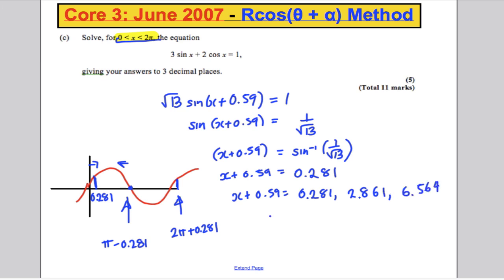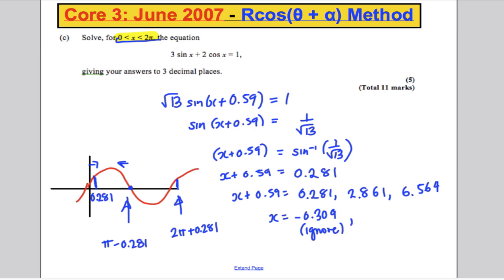6.564, and then x therefore is when you subtract 0.59 from each of these. So the first one you get yourself negative 0.309, which you ignore because you don't want negative, you want it to be between 0 and 2 pi.